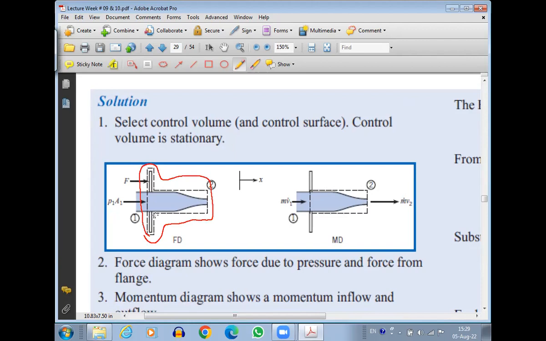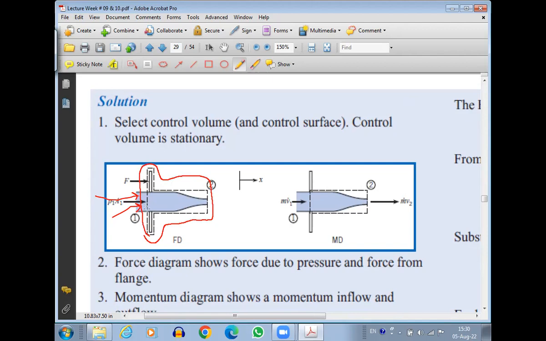In this control volume, because the fluid is entering the nozzle from the pipe, there will be the pressure in the pipe. Corresponding to the pressure of the pipe, we are going to have a fluid force acting on the inlet of the nozzle, due to the fluid flow.